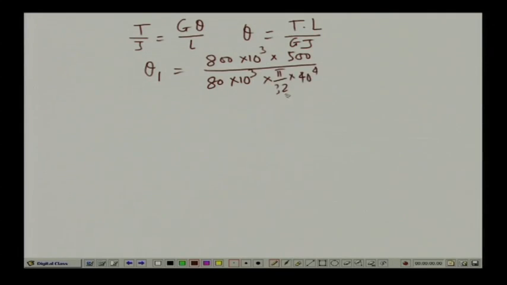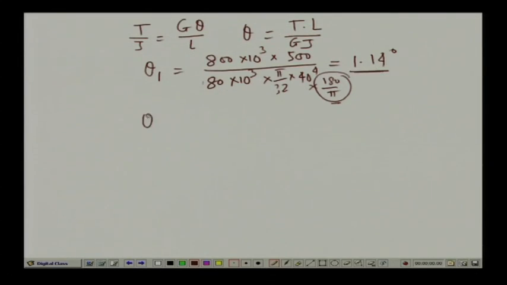So, J is pi d 4 by 32. This will be in radian, and if we multiply that by 180 by pi, that will give us the value in degree. So, this comes out as 1.14 degree.